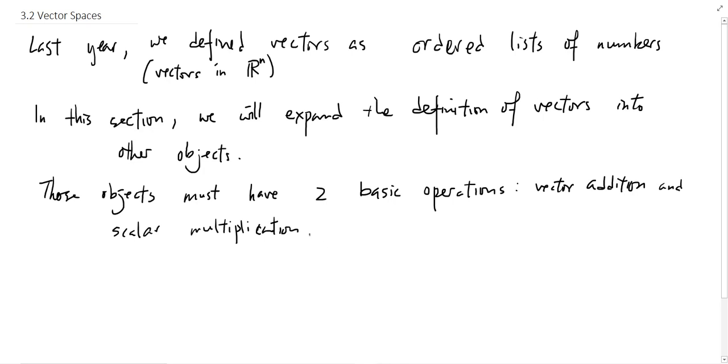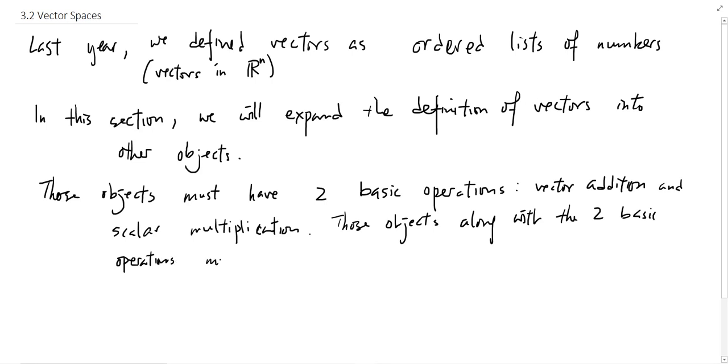Okay, and we also want the following. We also want these objects, along with the two basic operations, to satisfy some properties. The reason is that when we define these objects as vectors, we don't want to force ourselves to relearn some of this math or change some of the way we do things.